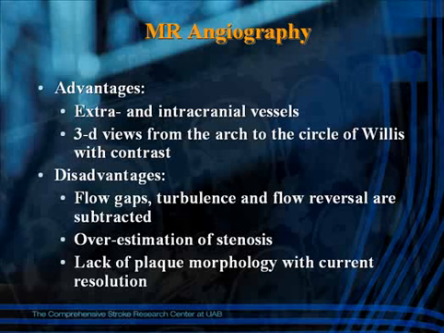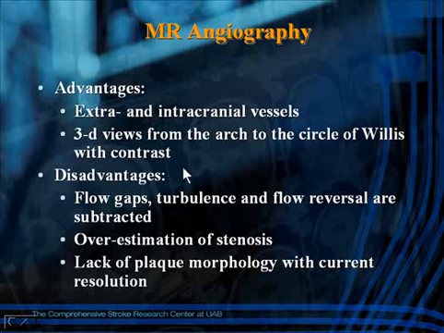Also, what you need to know about magnetic resonance angiography is that it allows you to look at extracranial and intracranial vessels. It can provide you with three-dimensional views from the arch to the circle of Willis and major branches, and particularly with contrast. However, MRA has multiple disadvantages.